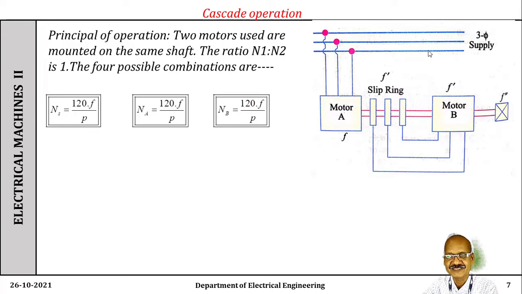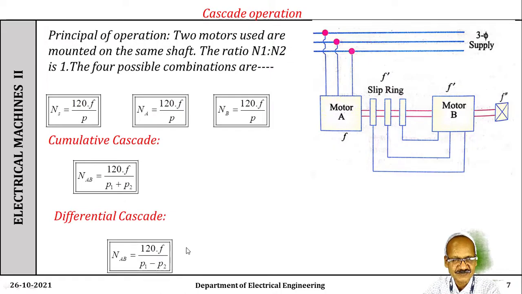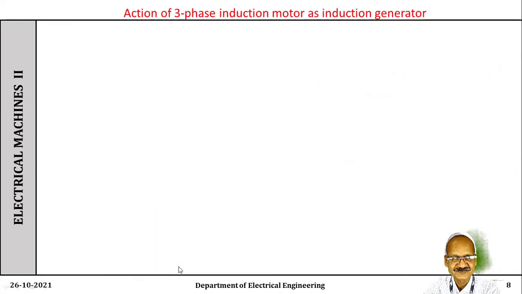The third combination is by connecting them in cumulative cascade connection, the speed NAB equals 120 F divided by P1 plus P2. And the last one is differential cascade, that is NAB equals 120 F upon P1 minus P2.